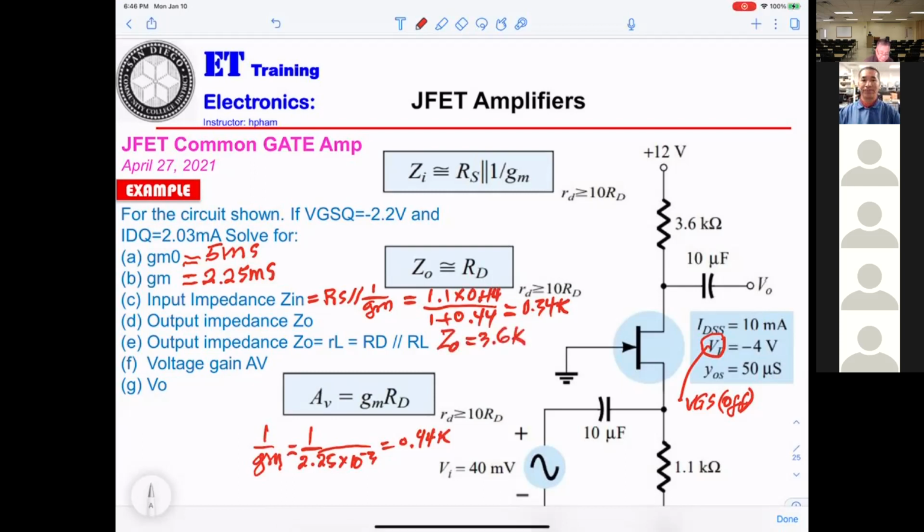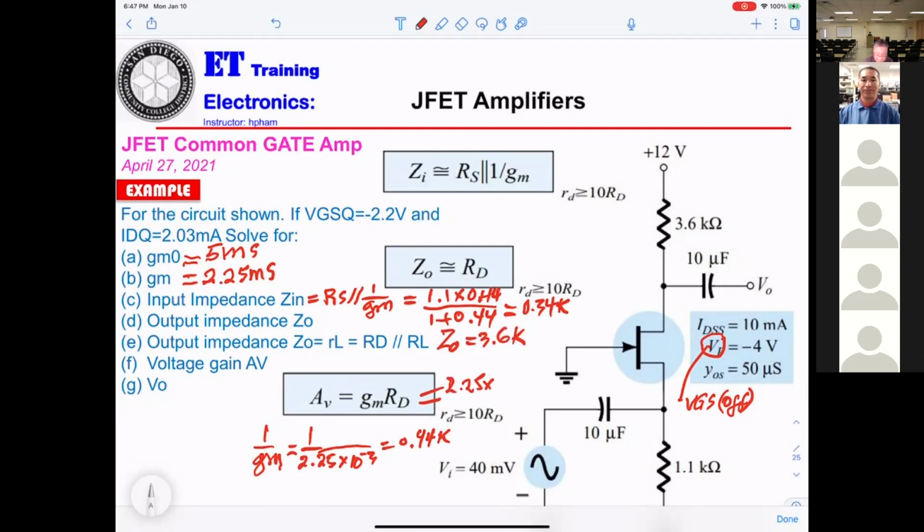Okay, the last one, AV, the voltage gain. GM times RD. GM is 2.25, RD is 1.1K.